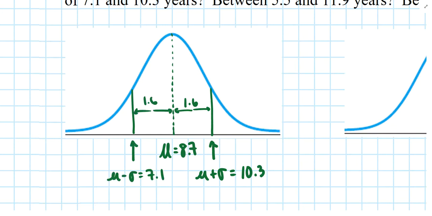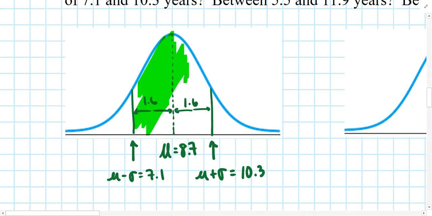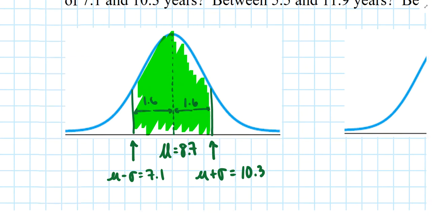So these two endpoints represent time one standard deviation above and below the mean. According to the empirical rule, the probability that a washing machine needs to be replaced sometime between 7.1 and 10.3 years is 68.24%.